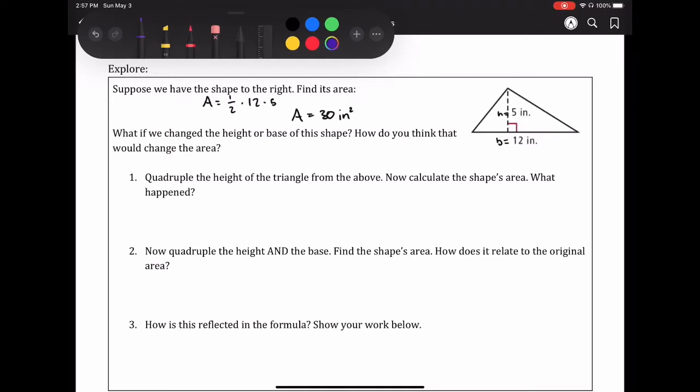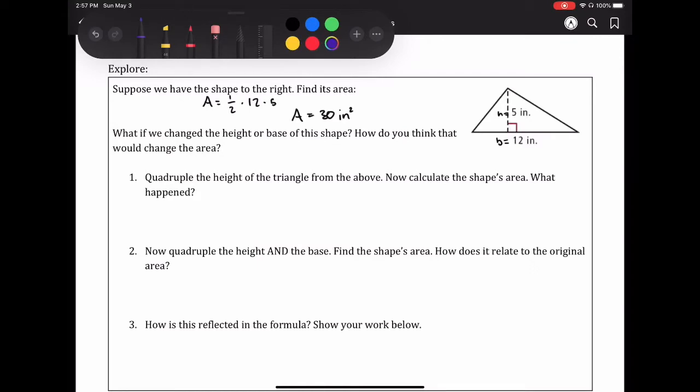And because we're using multiplication in our formulas, our area is going to have to be changed by multiplication as well. So whether that grows the shape or shrinks the shape is going to depend on what you're multiplying by.